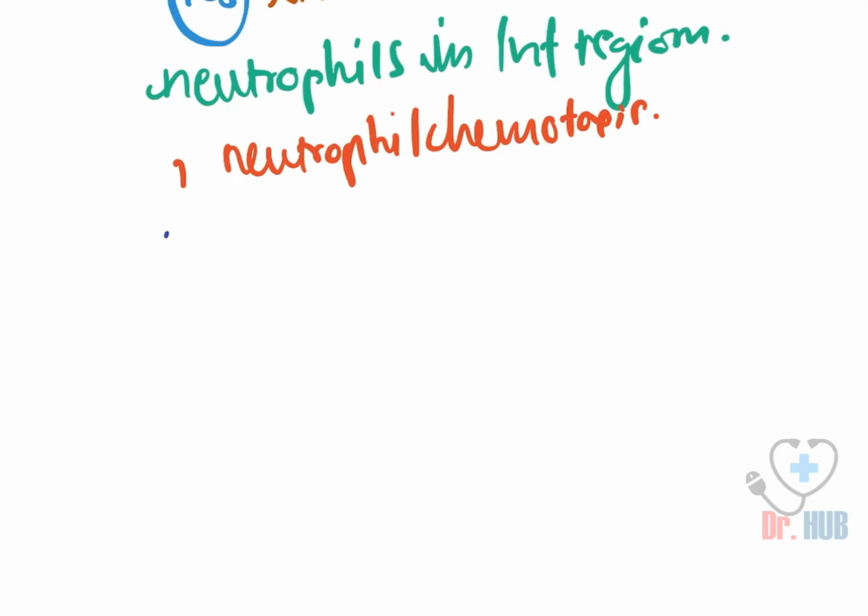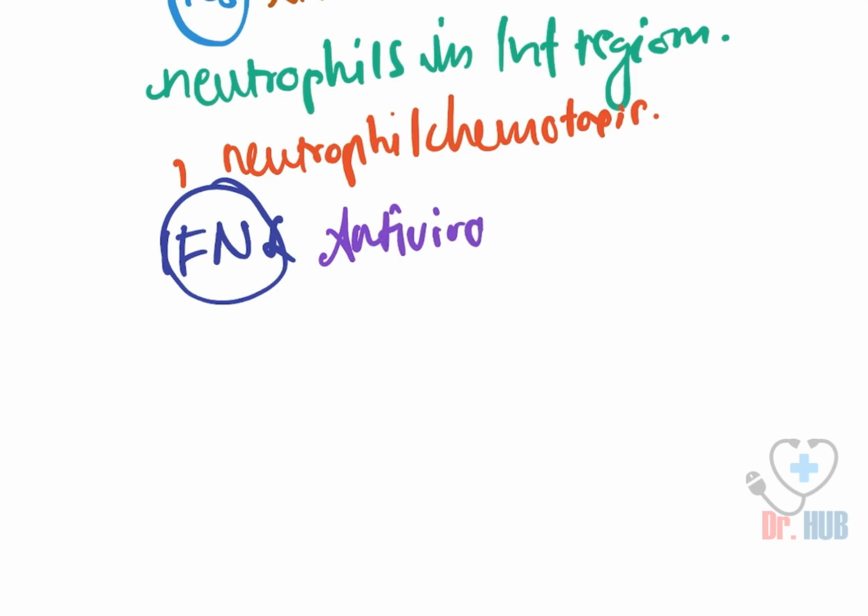Then we look at IFN alpha. Interferon alpha is antiviral. Next, it is immunoregulatory.